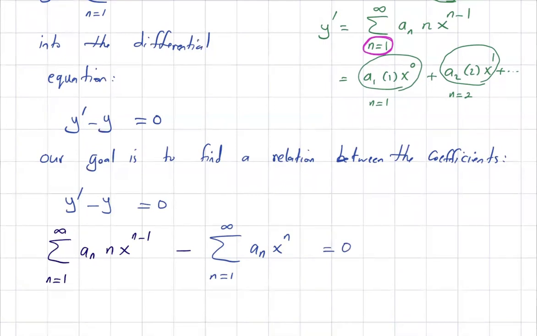In order to combine these two series together, we need to shift the index and introduce some dummy variables.